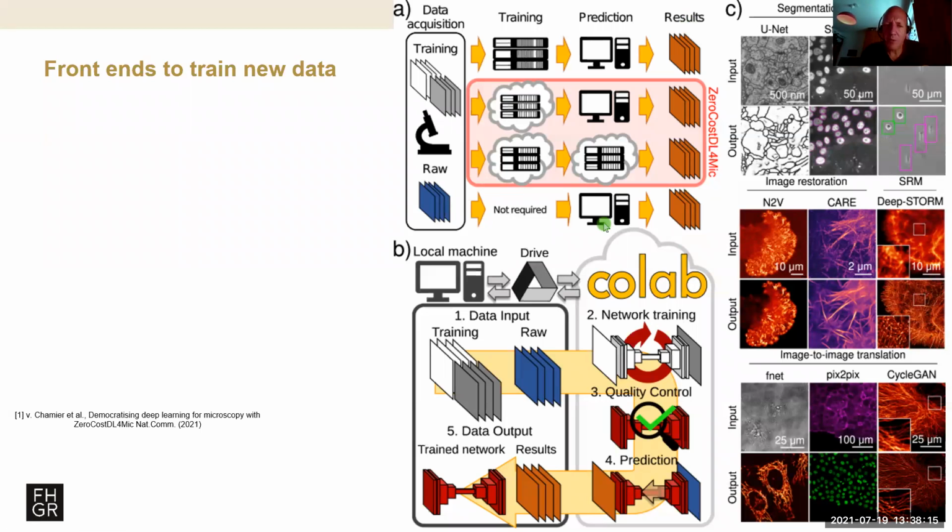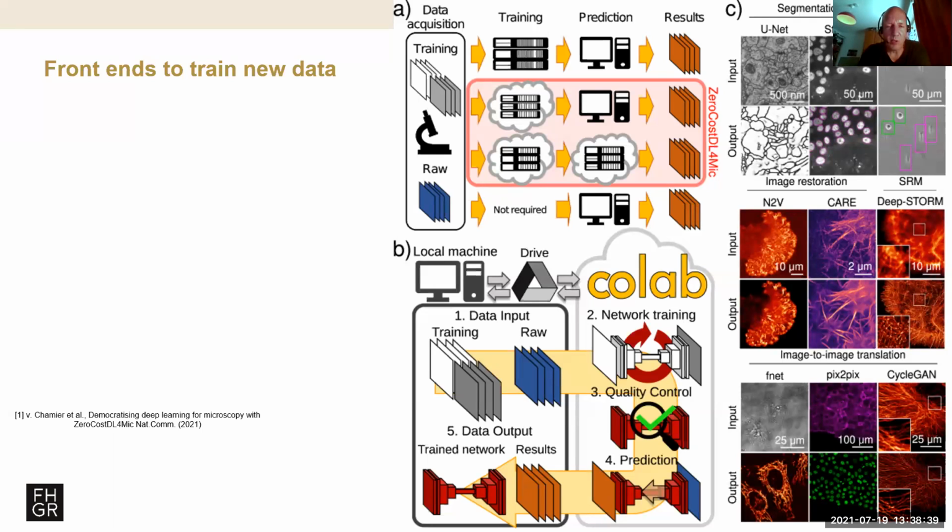And then on your local machine, you connect to one of these cloud-based services. You upload your data, for instance, to some Google Drive or the like, and you train your network using the computer power that the provider has available for you, like in terms of graphical processing units.